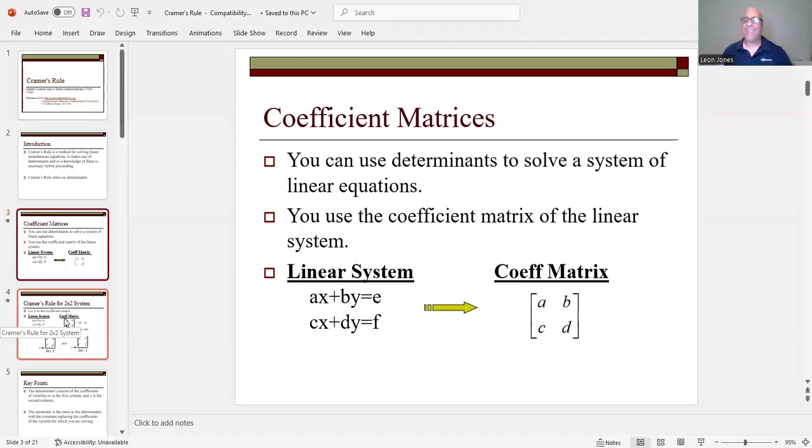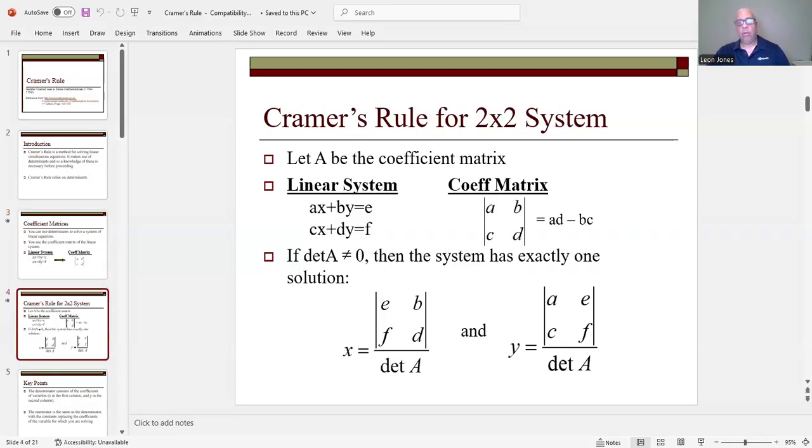You get more into the Gaussian or Jordan elimination or the row reduction echelon form for those larger matrices. Right now, we are going to talk about Cramer's rule for a 2 by 2 system. In other words, we're dealing with a system of linear equations.